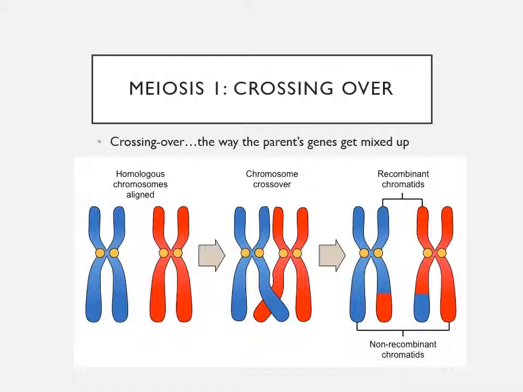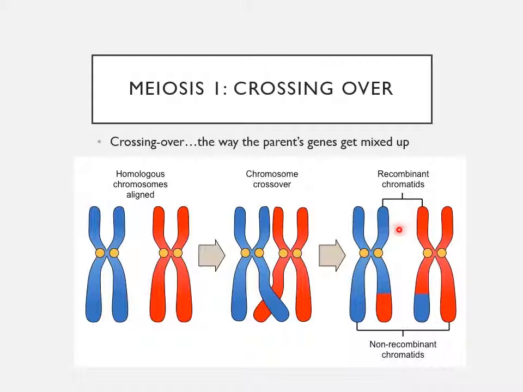So again, here's an overview of what's happening when you look at crossing over. So the homologous chromosomes, or let's say chromosome 1 from dad and chromosome 1 from mom, they get close to each other. They sort of wrap the arms of the chromosome over each other, and they exchange bits of DNA.